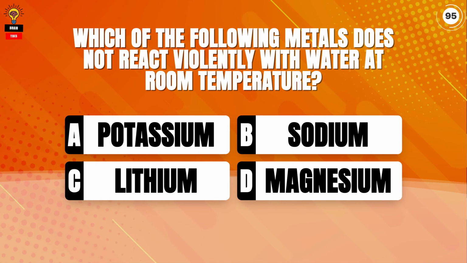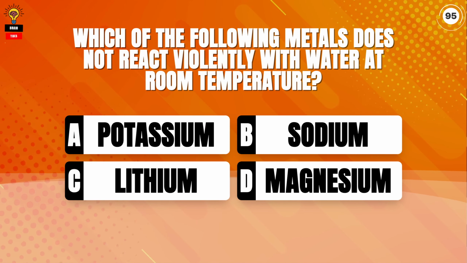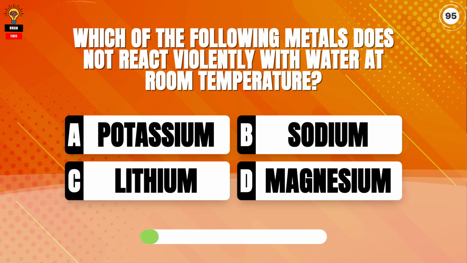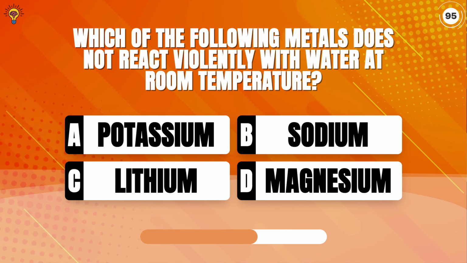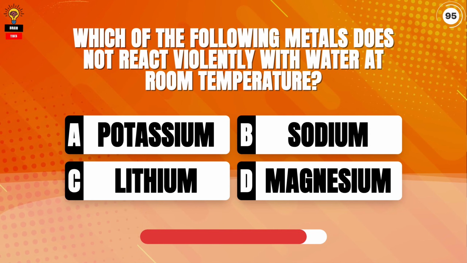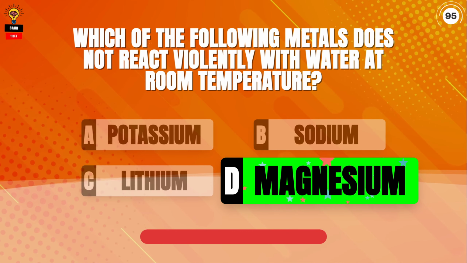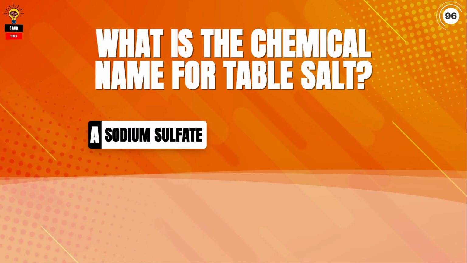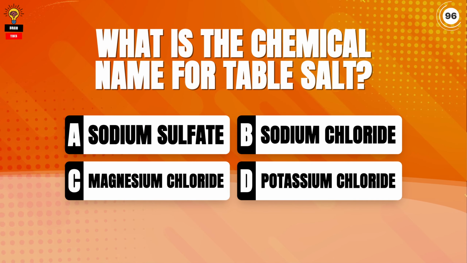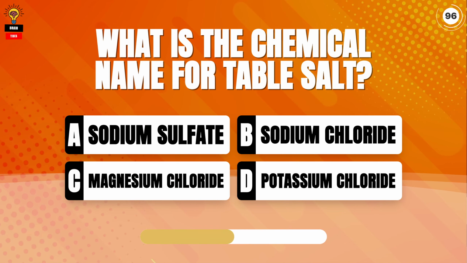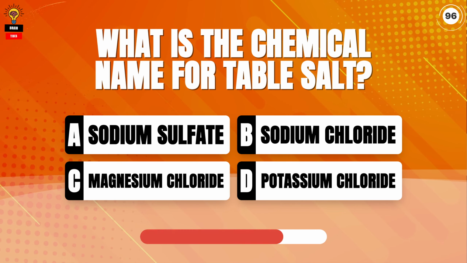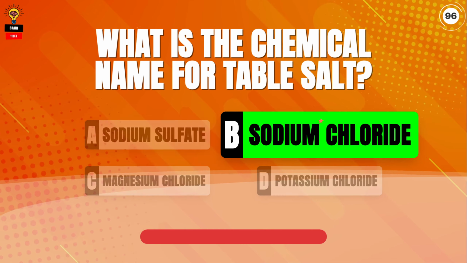Which of the following metals does not react violently with water at room temperature? Magnesium. What is the chemical name for table salt? Sodium chloride.